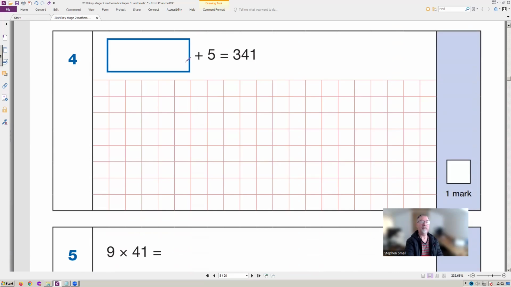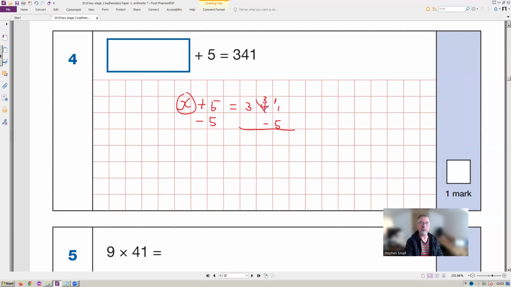Something plus 5 is 341. So another way of doing it is you could go again. I'm going to do it very formally. 8, I'll be shut up in a minute. Equals 341. I'm going to do it as if we take 5 from both sides. All right. Take 5 from both sides, minus 5 from there. That's how we're going to solve this one, because that's going to give us our value. So 5 from 1 won't go. What do we do? We cross off the 4, make it a 3, put the 1 there.